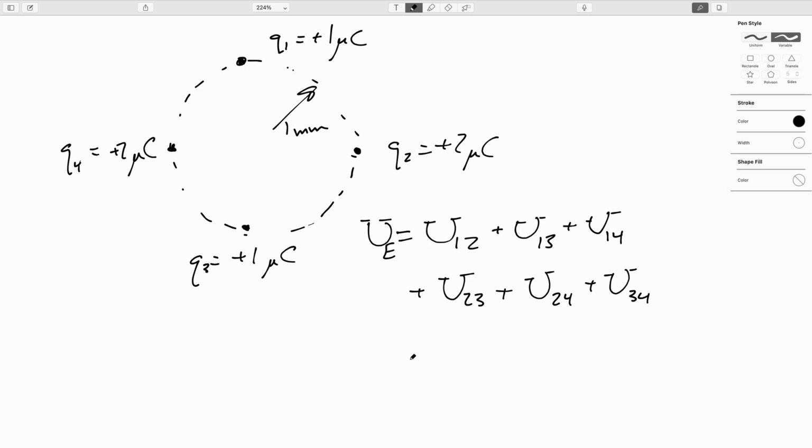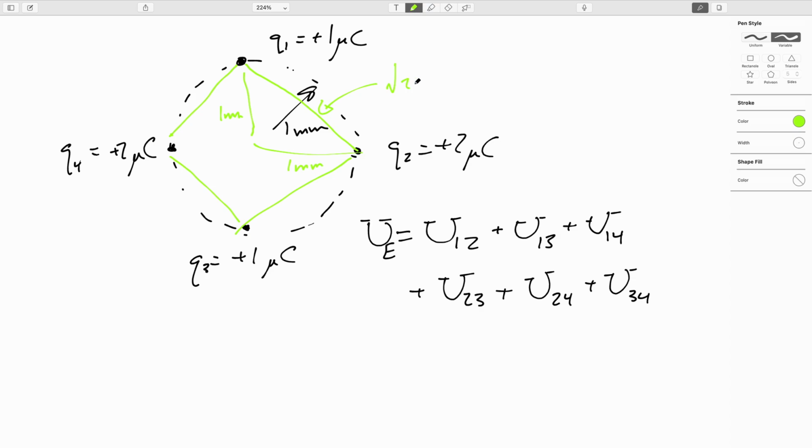Now, when we get to writing these, we can simplify our life a little bit if we notice that these 4 pairs here are all going to be the same. You'll have a 1 microcoulomb charge and a 2 microcoulomb charge. This distance here is a millimeter. That distance there is a millimeter.